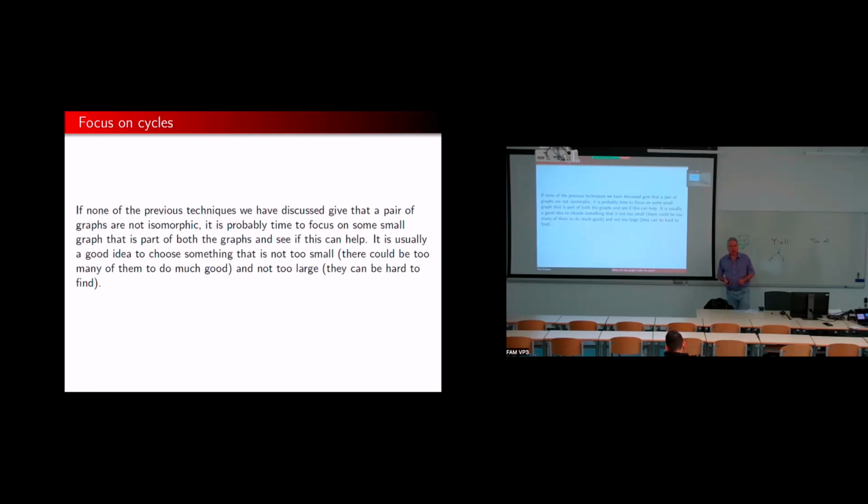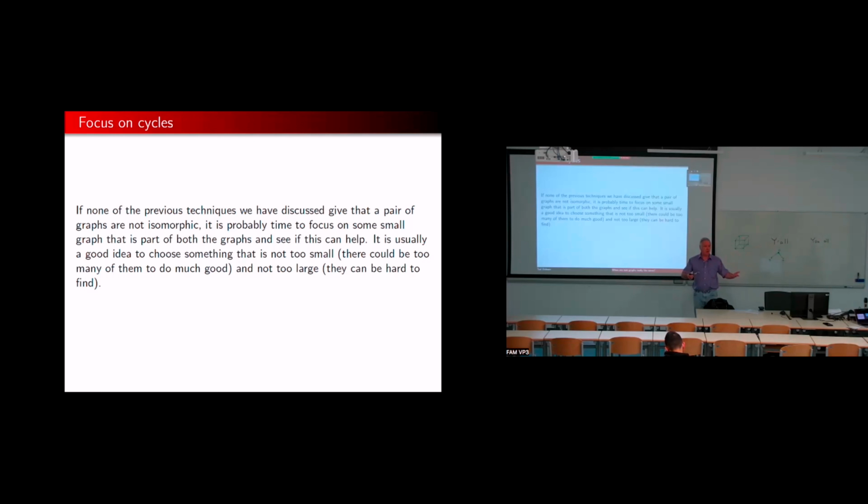In practice, it turns out that focusing on cycles is a pretty effective way of deciding isomorphism. It doesn't work all the time, but there are many, many examples in the literature where people will show that two graphs are not isomorphic because one has a 5 cycle and the other one doesn't, or even that one of them has a bunch of 12 cycles, but let me say 8 because I know a result in the literature that uses 8.